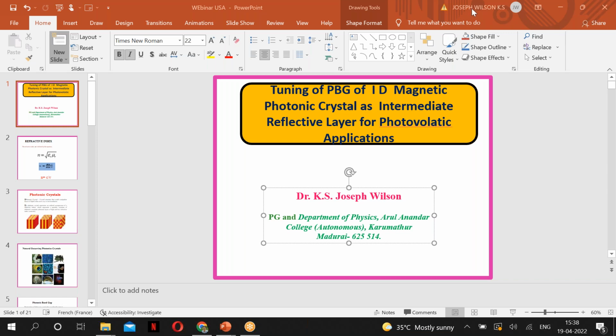Go to the left side corner, more left. It is not coming. More left corner, there are six dots.